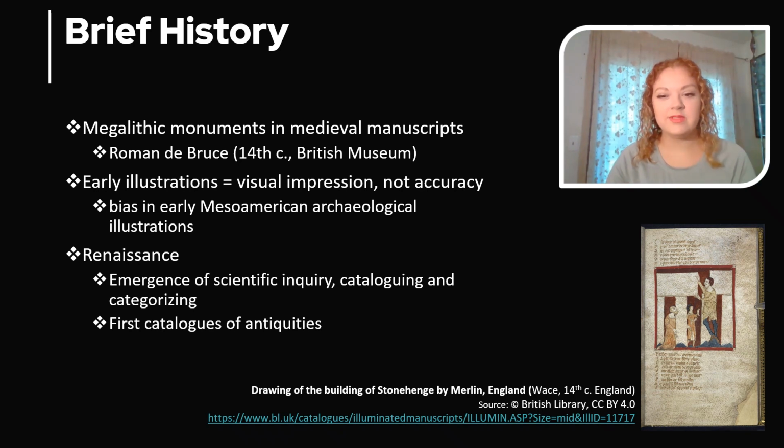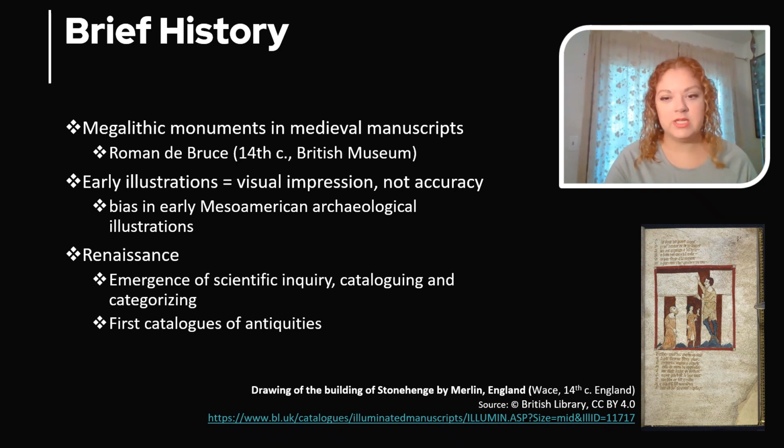So what did early illustrations do? Well, early illustrations mainly aimed to leave a visual impression or illustrate a story, as in the picture below. They were not concerned with accuracy. Due to this, there are a lot of examples of early anthropological illustrations that are heavily biased.